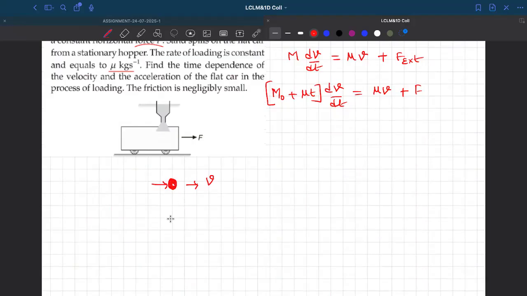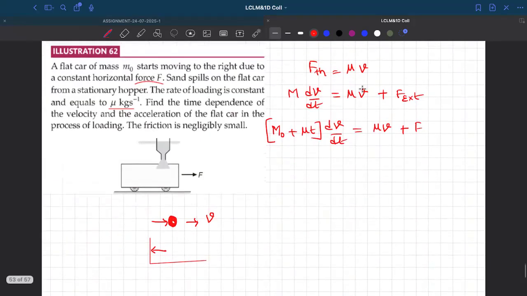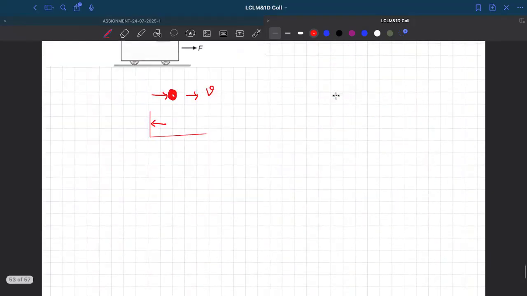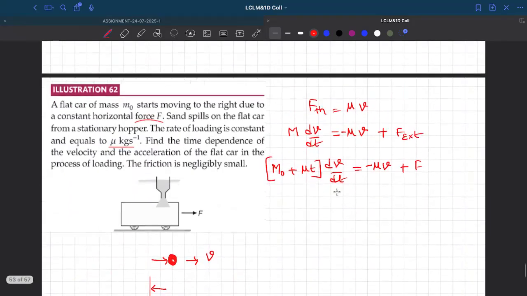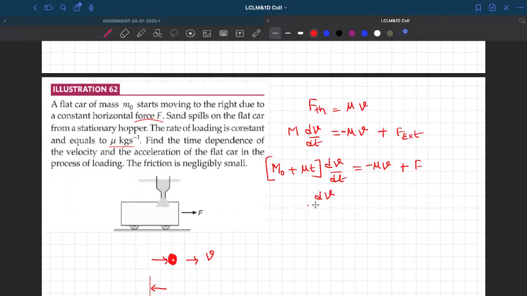Whereas the reaction of this on the container is in this direction. So is this the true approach? No. Why is it not true? Minus mu v. So therefore, dv by F minus mu v is dt by m naught plus mu t.